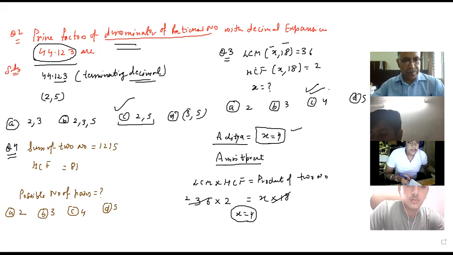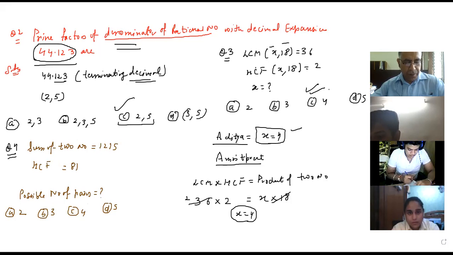Could you please repeat the question? But a question is in front of you. If sum of two numbers is 1215 and their HCF is 81. So if the HCF is 81, that means 81 is a common factor of the two numbers.